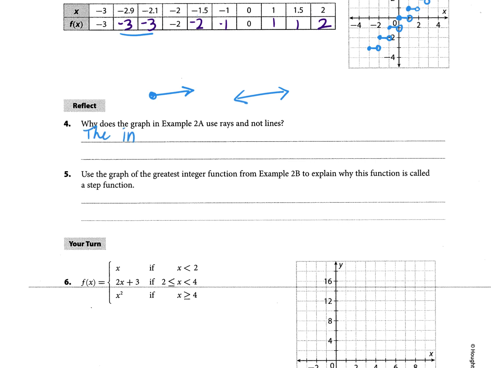The intervals for the domain provide a starting place or an ending place.